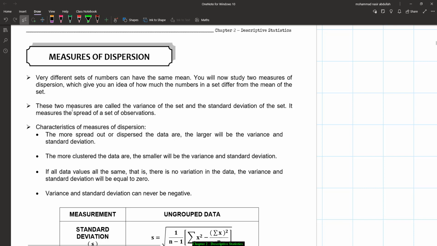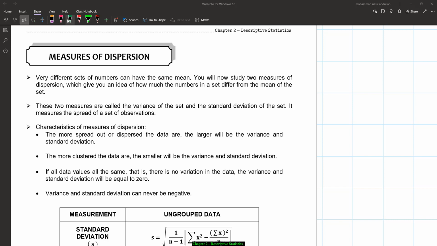Still okay? Alright, we just continue on measure of dispersion. In measure of dispersion, we will look into standard deviation and variance.